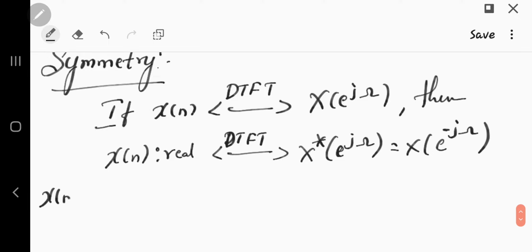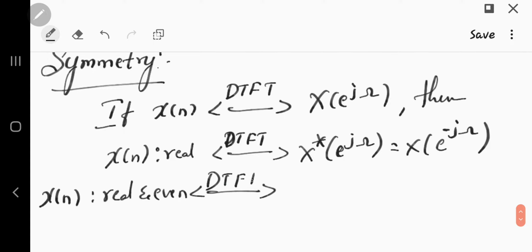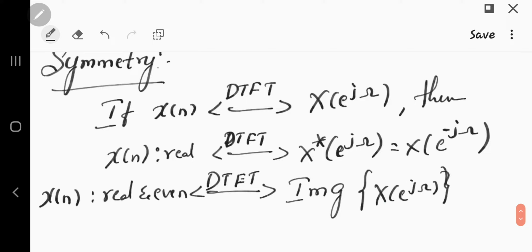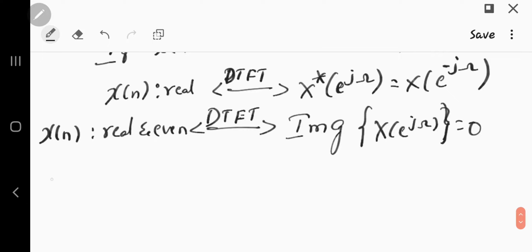So, if x of n is real and if it is an even signal, then the transformed version of this will have the imaginary part as 0, that is, the imaginary part of X of e power j omega will be 0.